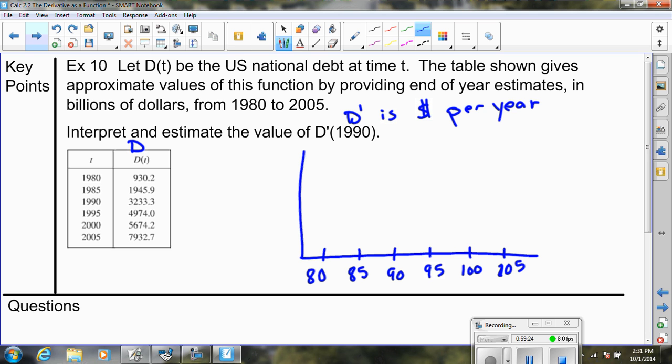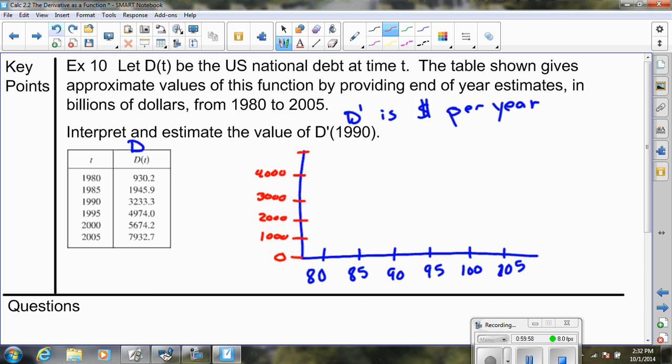With my national debt, I need to put a proper scale on it, and they need to be evenly spaced. I just can't put the numbers down. My numbers go from 900 to about 8,000. So let's start off by saying this piece is 0. There's 1,000, and 2,000 and 3,000. And you'll notice how I'm trying to keep them evenly spaced.